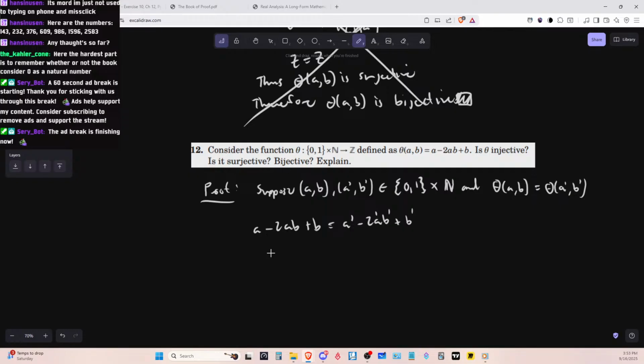If you try to solve, a is supposed to be between 0 and 1.